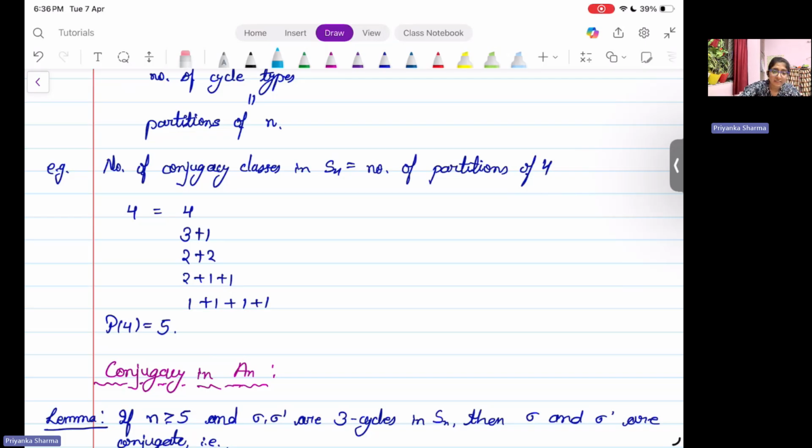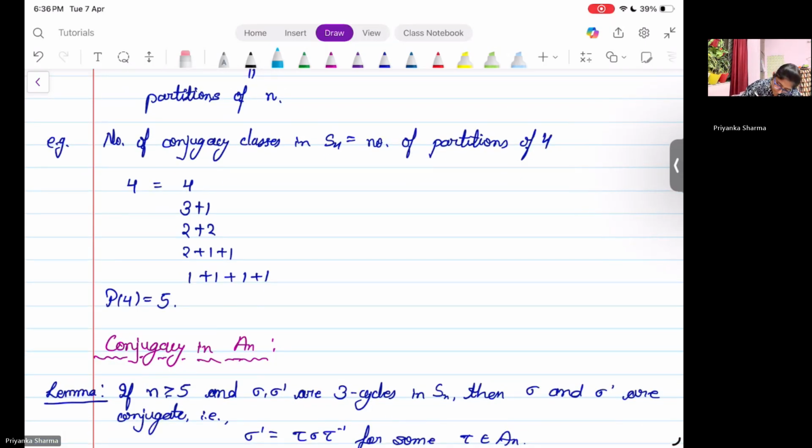So the number of partitions is 5 for 4. So S4 has 5 conjugacy classes, or we can say that S4 has 5 cycle types.